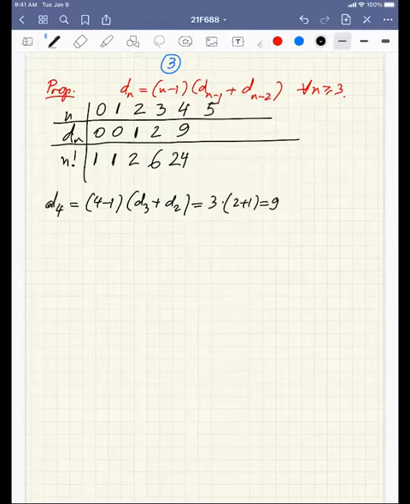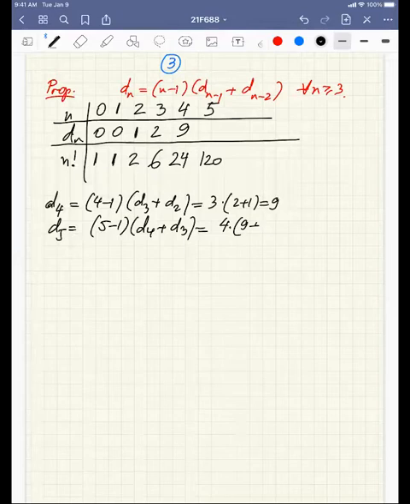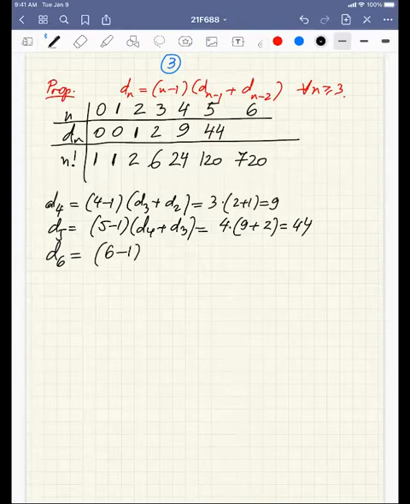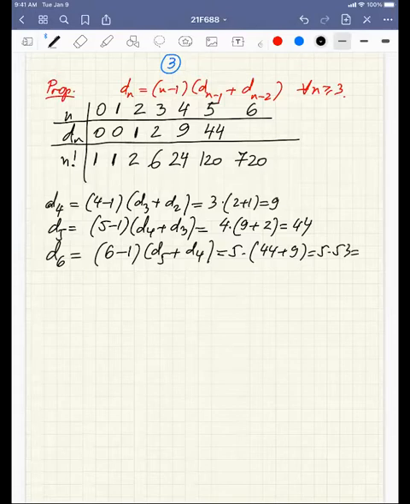So you can do 5, you get 120 permutations, and if you compute, d_5 is (5 minus 1) times (d_4 plus d_3), it's 4 times (9 plus 2), which is 44. 6, 720. d_6 is the last one I'll do: (6 minus 1) times (d_5 plus d_4), it's 5 times (44 plus 9), 5 times 53, so 265.